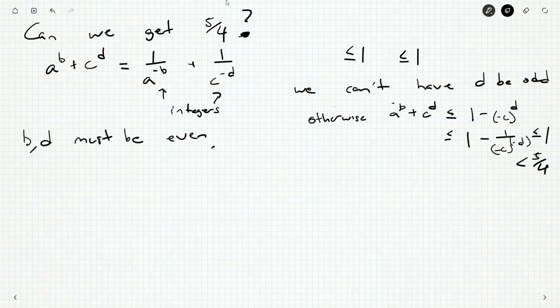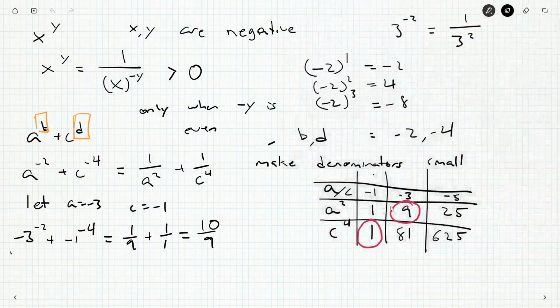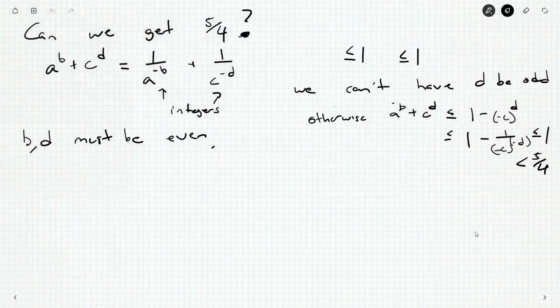Well, we've got to go back to this chart, and if 2 and 4 are already taken, the best that we can do is the 1 and the 9. There's no way to get 4. So you would need 1, and then you'd need 1 over 4 to get 5/4.